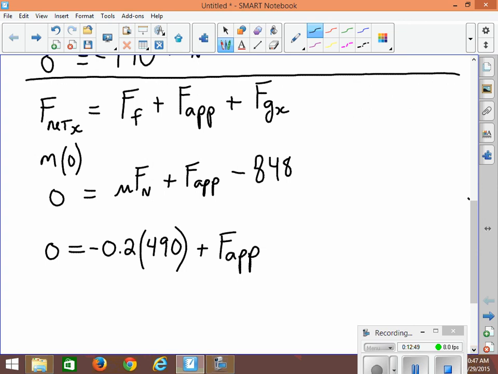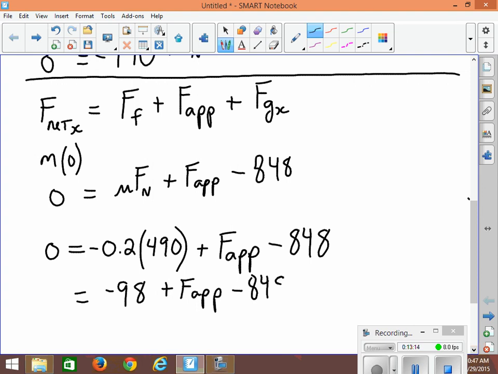But you can see what's going to happen here. It becomes the only thing left, and we can easily solve this and figure out what it would be. And so, if we calculate this number, 0.2 times 490 will be 98 newtons, right? Negative 98 newtons plus F applied minus 848 newtons.